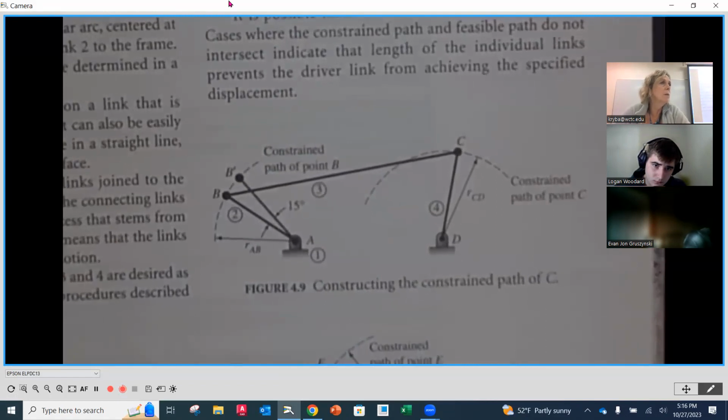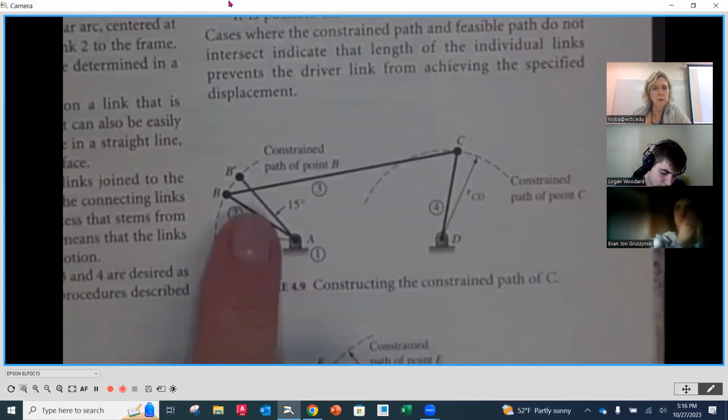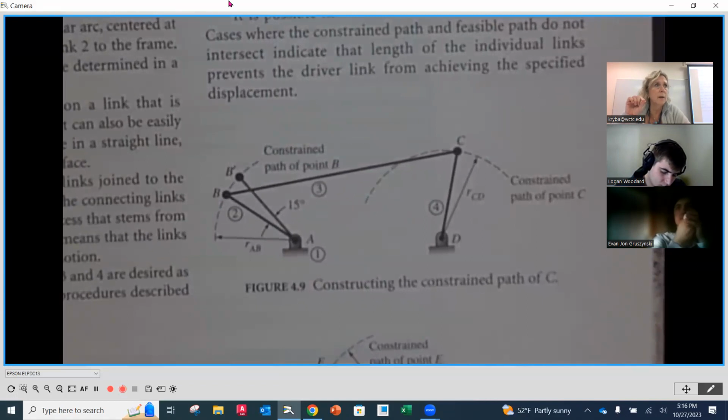So we have to look at how it is attached to the rest of the mechanism. As we look at link number 2, it is anchored at point A, and it can only rotate.